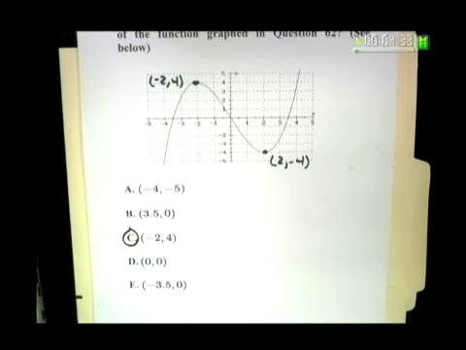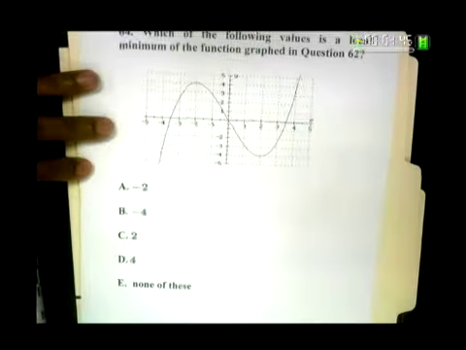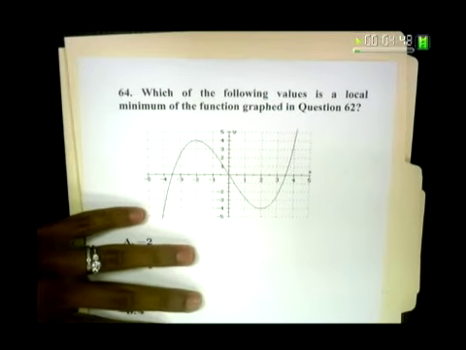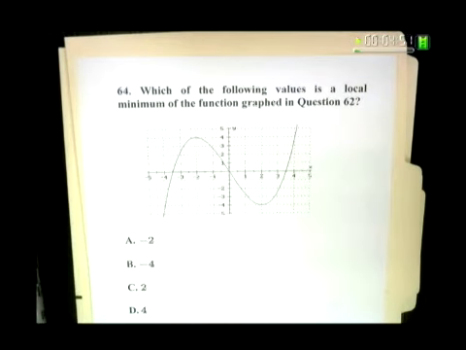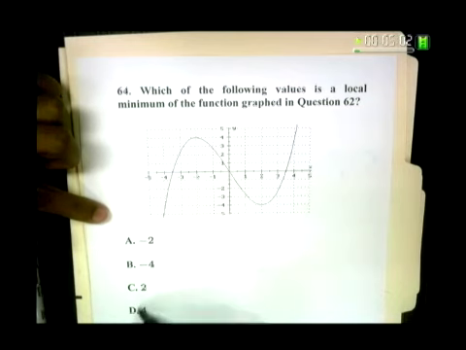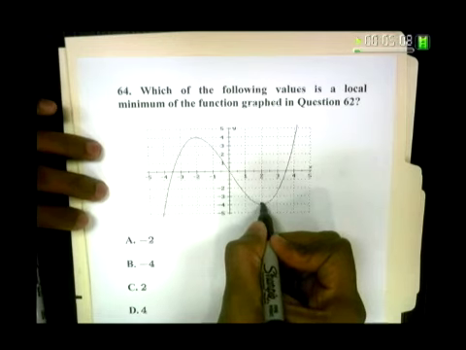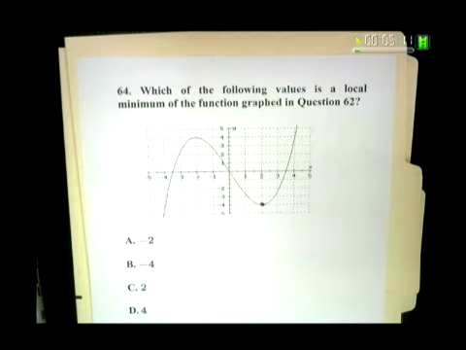Then the next question, 64, asks which of the following values is a local minimum. Same graph, but now we're looking for a local minimum. A local minimum might not be the lowest point on the entire graph, because this graph keeps going, so it really doesn't have a minimum. But a local minimum says I can call this point where it dips a local minimum.